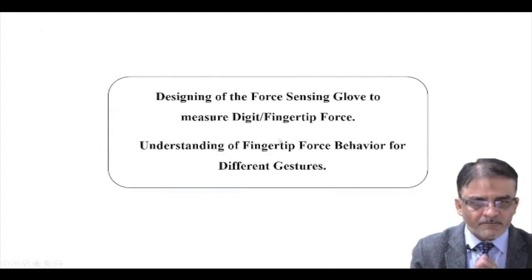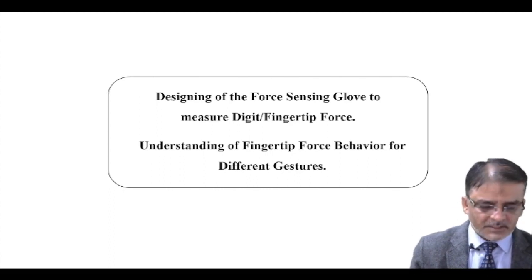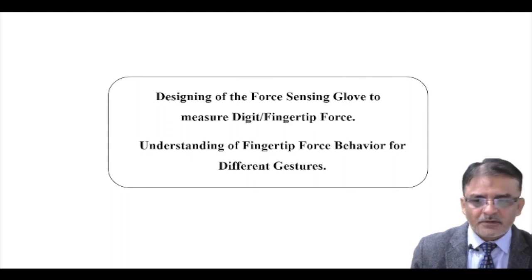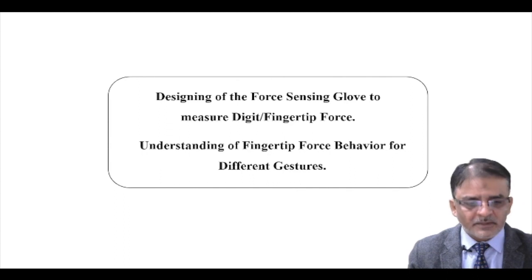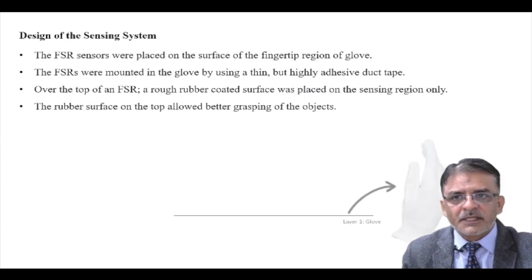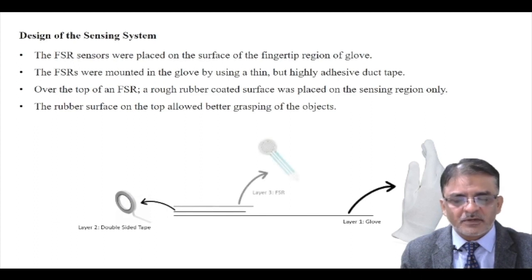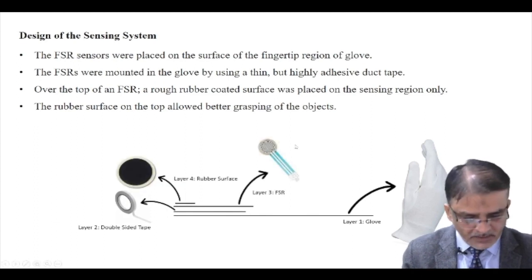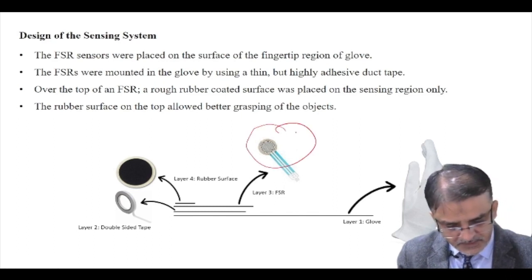Designing of the force setup. For this purpose, a setup was designed in the lab. This is an in-house development of the system with the help of NI MyRio, integrating the data with the computer. In this, flexi strain resistor sensors were used. These are basically pressure sensors, and they sense the pressure and give it in the form of voltage.